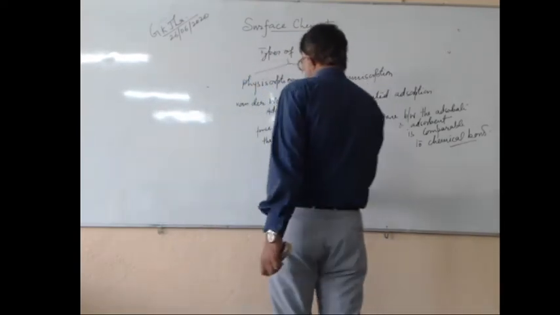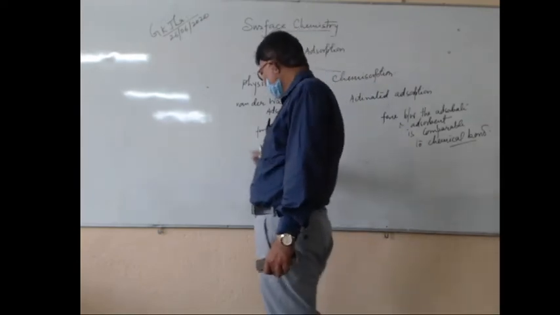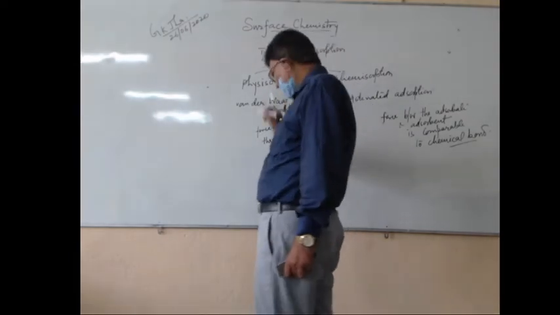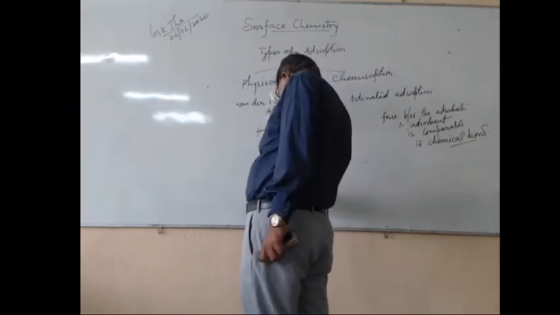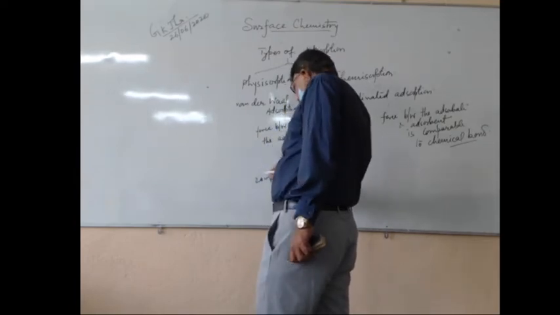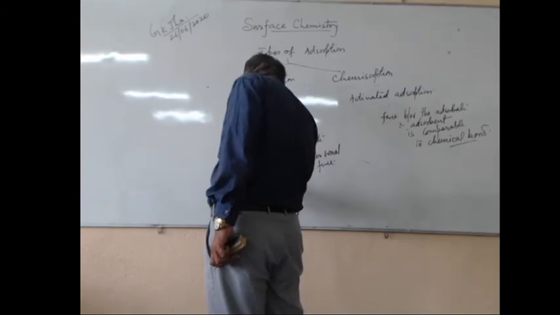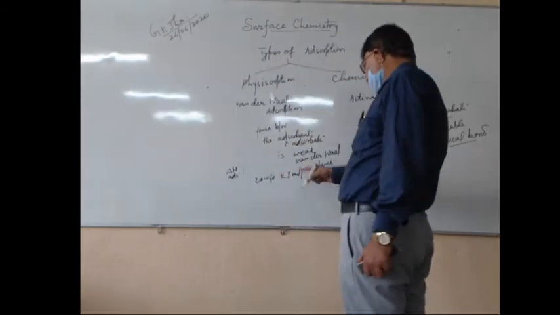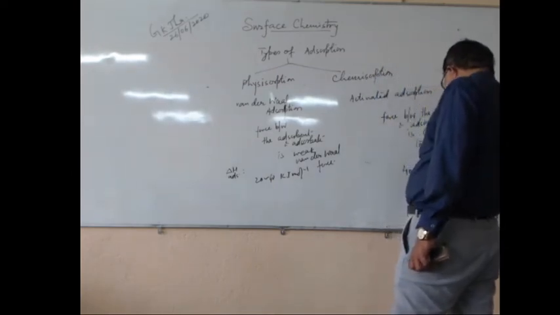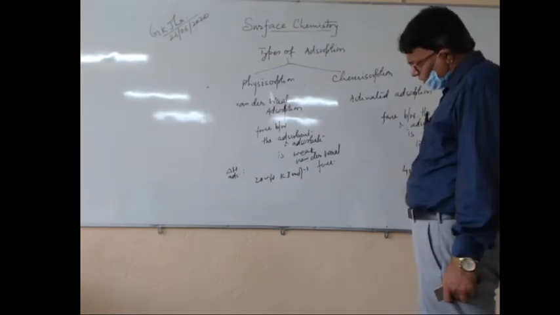Another point is the low value of delta H adsorption for physisorption, which is 20 to 40 kilojoule per mole, while for chemisorption it is 40 to 200 kilojoule per mole. The reason is obvious here.